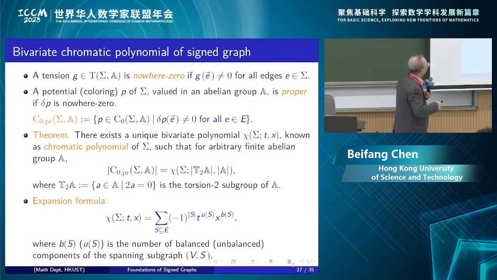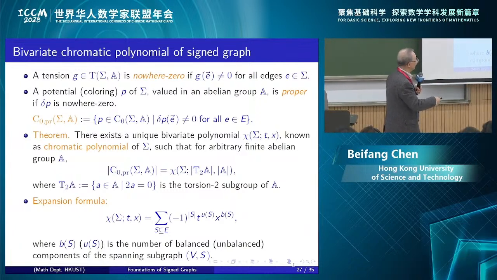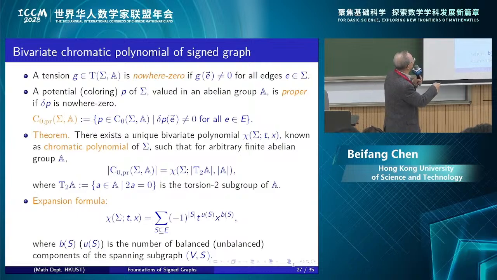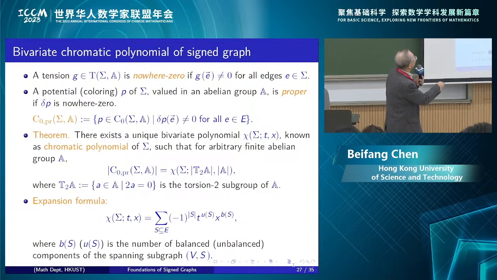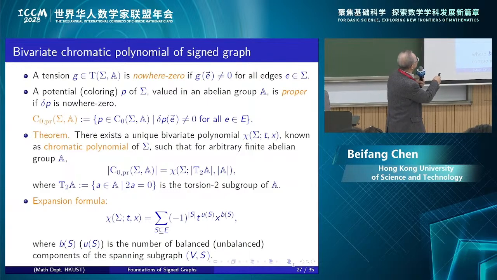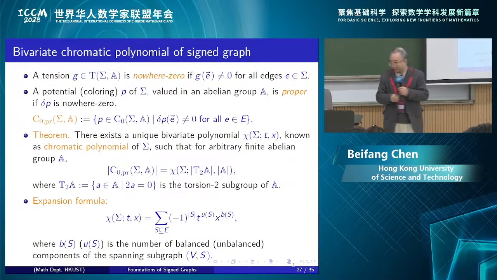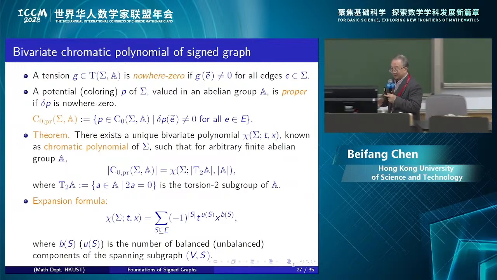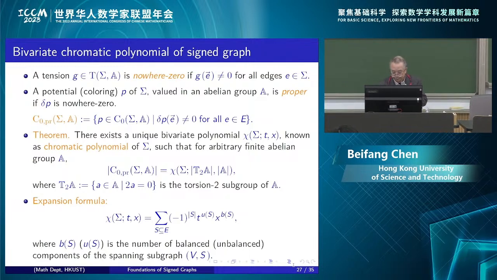What we get here is about the chromatic polynomial. Chromatic counts the number of nowhere-zero proper colorings, or proper tensions, which means it's a coboundary.